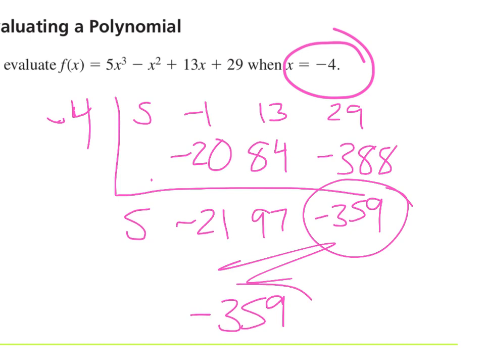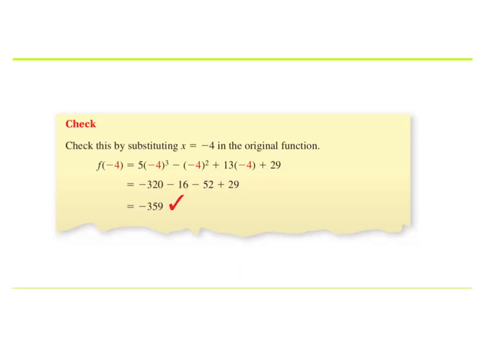When we're evaluating, our remainder is our answer. We would get the same thing if we took -4 and plugged it into all of our x's and solved for f of -4. Any questions here? We can check this by substituting x equal to -4 into the original function. They plugged in -4 where all of our x's were, solved it out, and got -359.